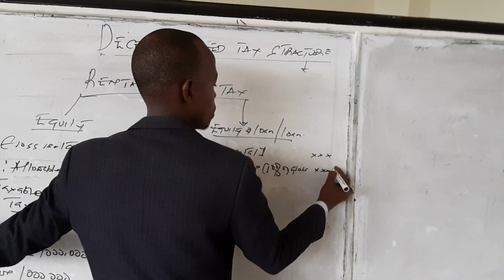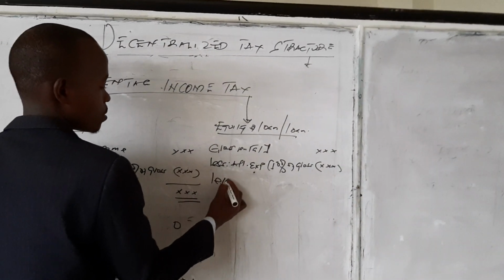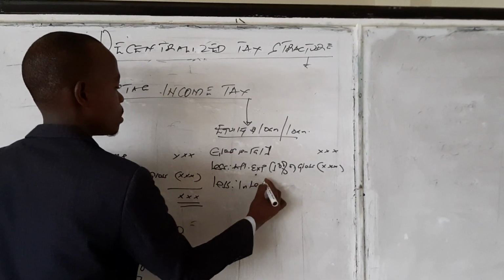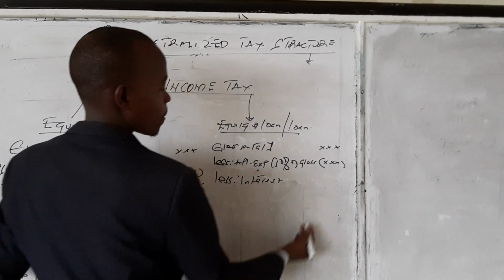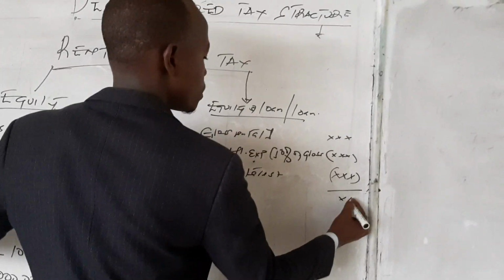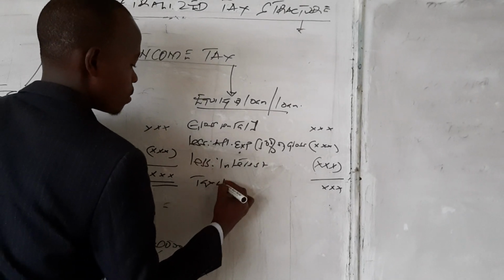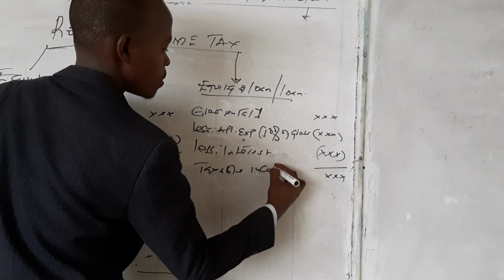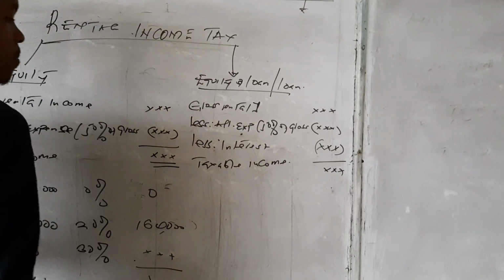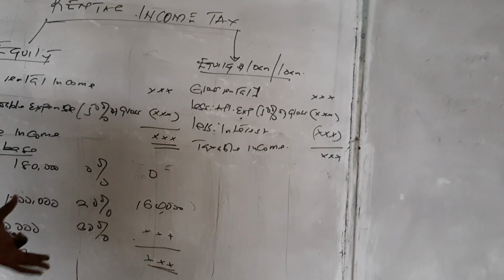You put it here. You erase the interest, and then you get the taxable income, and then you apply the tax band, which is this one.